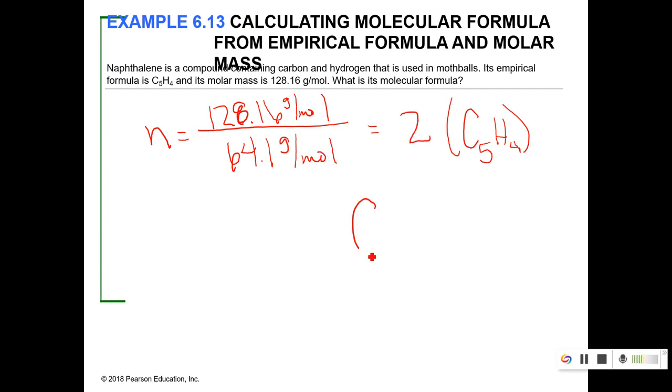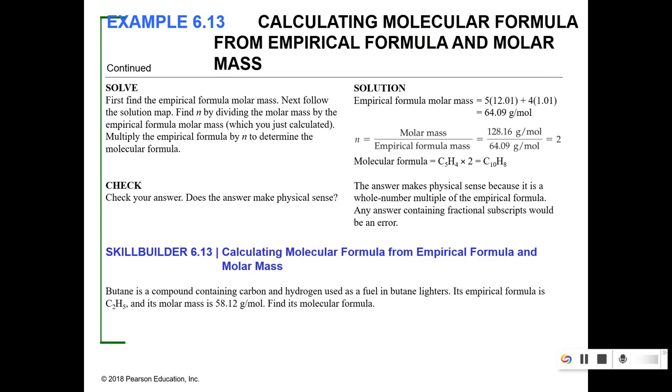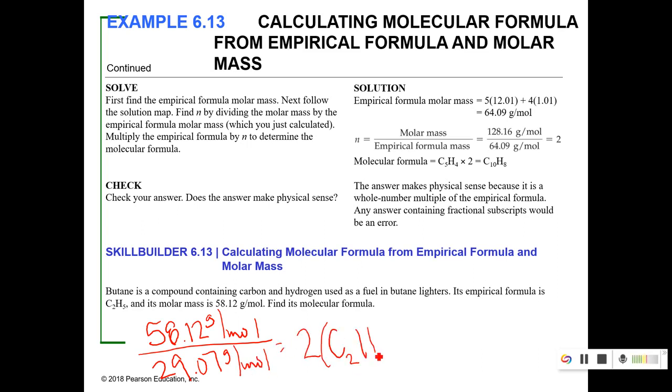My multiple is 2. My answer will be C10H8. Okay, and we've got another one, 58.12. On the bottom, we've got 29.07, which is 2. Multiply that by C2H5, and I get C4H10. Easy peasy.